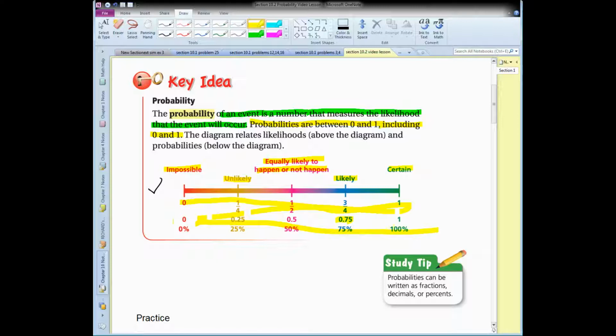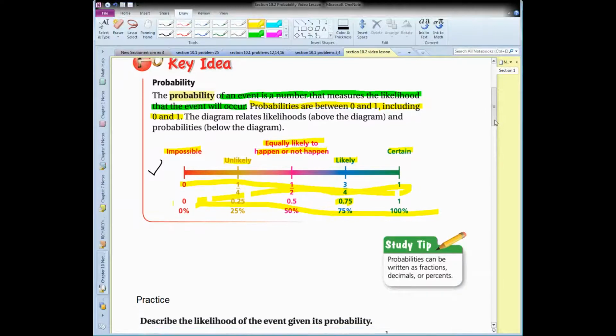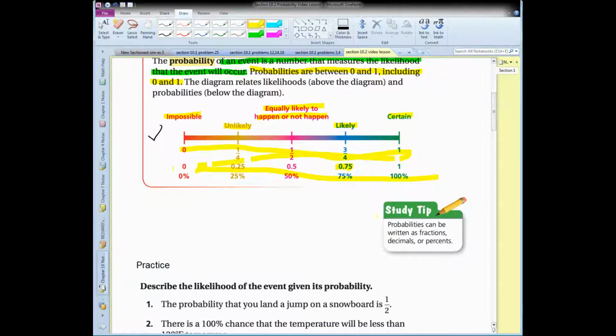All right, so we're back. A handy tip for probabilities is that they're written as fractions, decimals, or percents. All right, so make sure you read the problems carefully. Sometimes they might ask you to write the probability as a percent, or sometimes they might ask you to write the probability as a fraction.